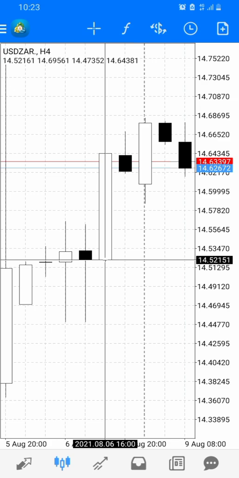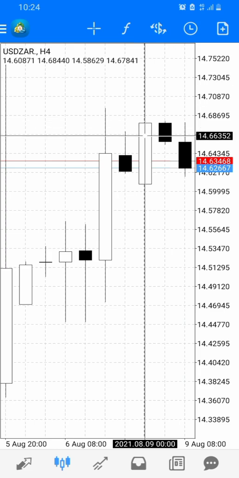It moved up, meaning that when you are selling, what you are saying is that with USD, ZAR will gain power over USD. When ZAR gains power over USD, it doesn't matter where this price is.